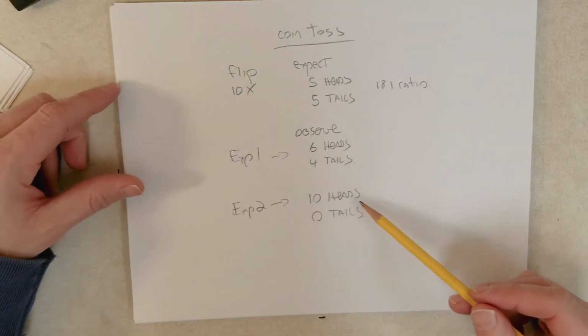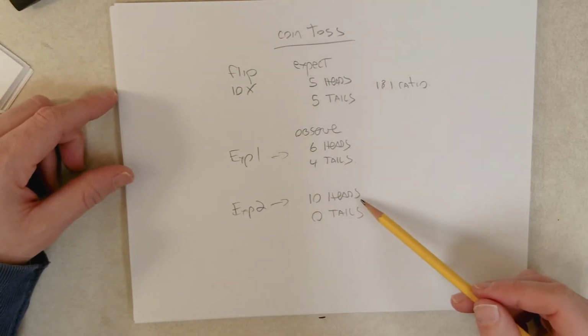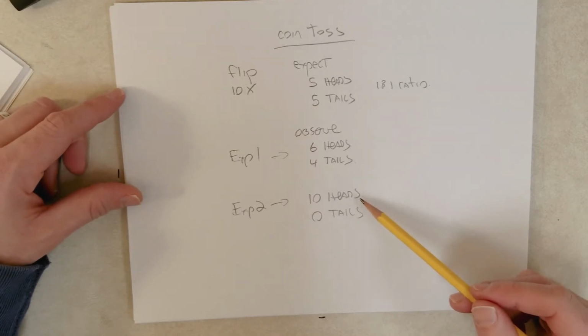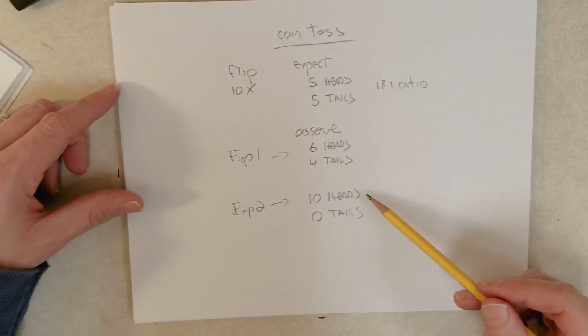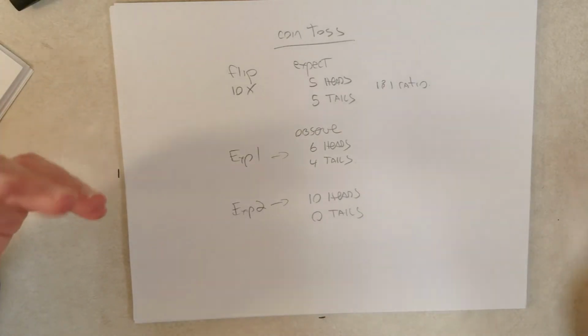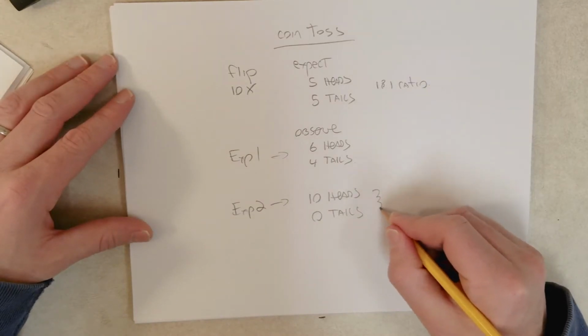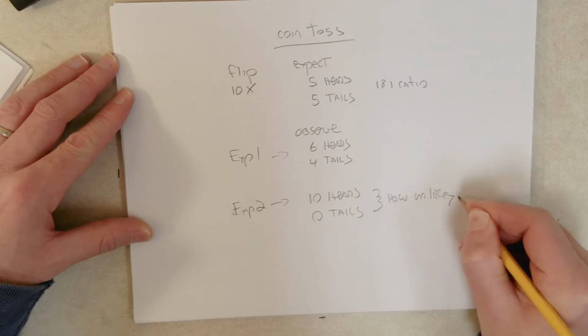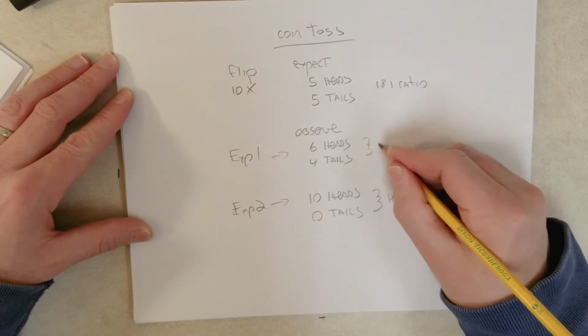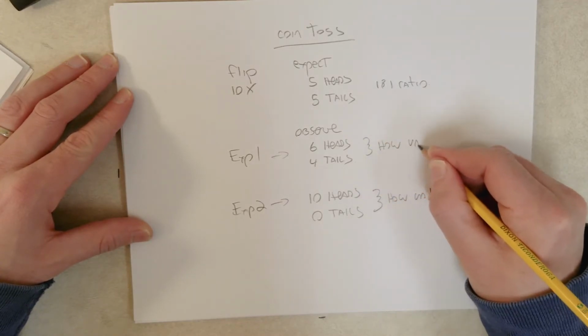It doesn't seem impossible, but it seems highly unlikely, and it's so unlikely that maybe something is wrong with the coin. But we don't know. We need a way to know how unlikely is this? And how unlikely is this?